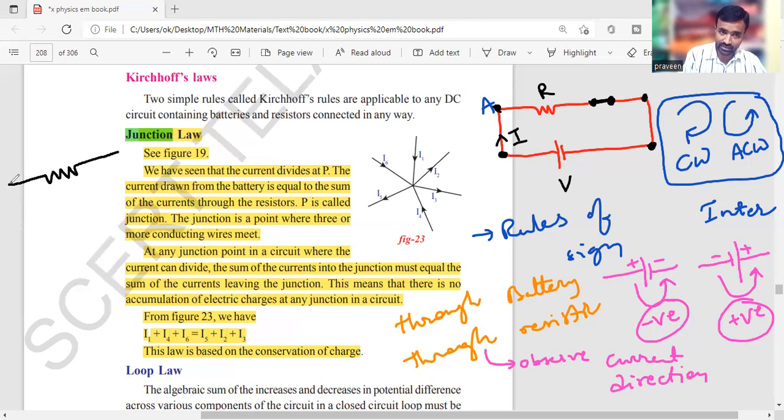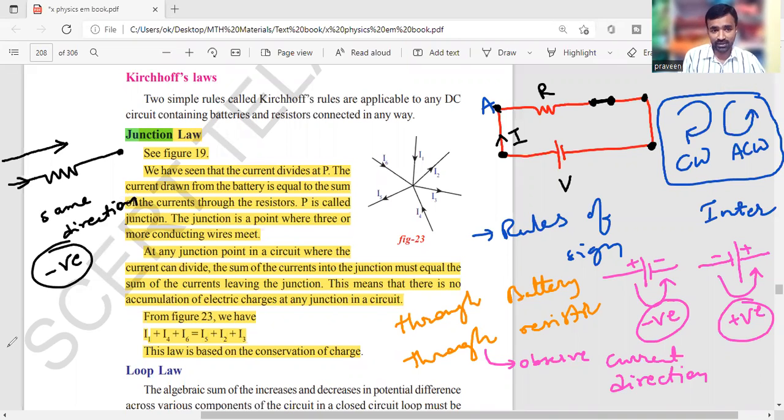So through a resistor, suppose current is allowed in this direction, and your direction through the resistor is given by the arrow here, right? So both are in the same direction.